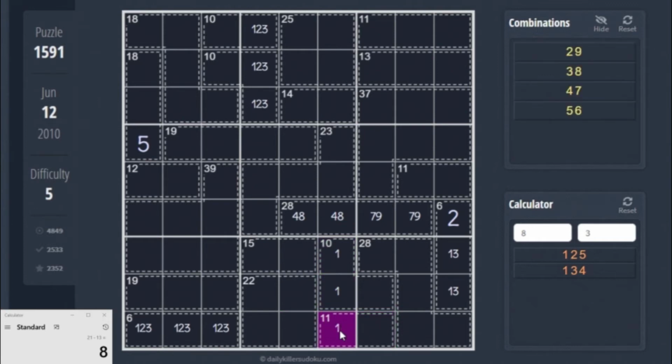If we put 1 here, this section has to be 10, but Sudoku won't allow you to put 10, since the maximum number is 9, so it doesn't add up. So we can't put 1 here. We're going to unmark 1 candidate from this cell. Right, what else can we do?